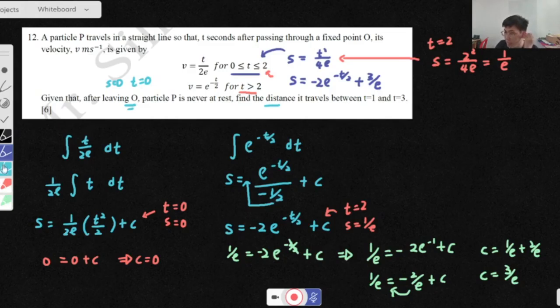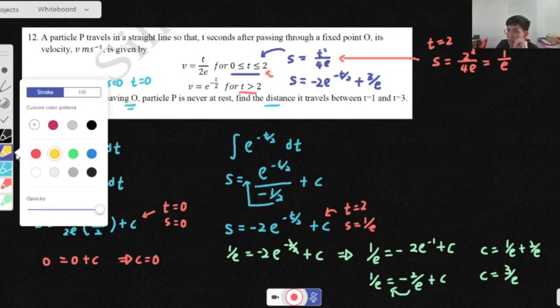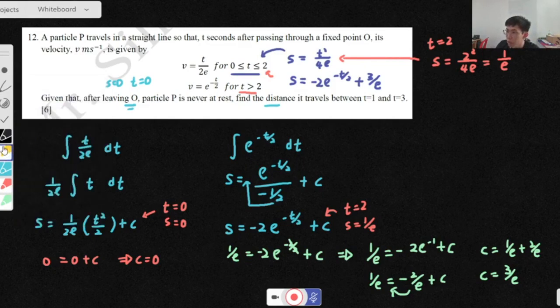The question says I have to find the distance between 1 and 3. So I apply t equal to 1 in the first formula. s will be 1 squared over 4e. Using my calculator, 1 divided by 4e, I should be getting 0.09197.